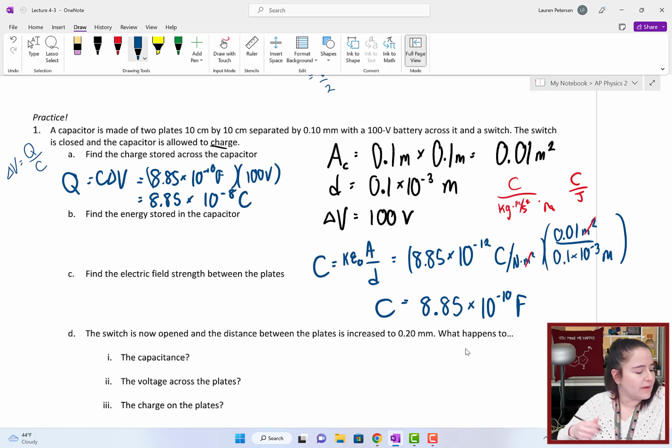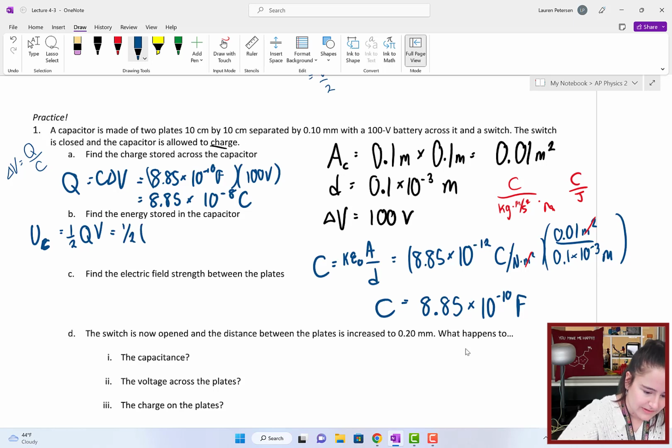And we can then find the energy stored using our energy equation. Energy stored on a capacitor is 1/2 QV. So I got 1/2 times 8.85 times 10 to the negative 8 coulombs times 100 volts.